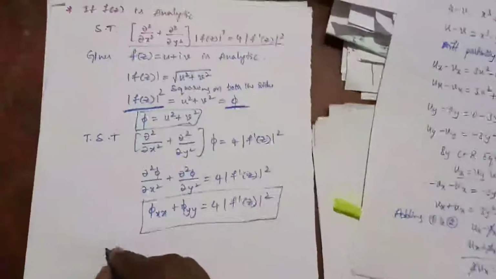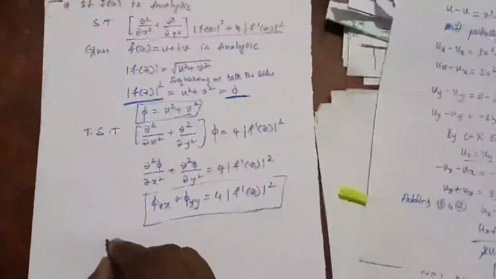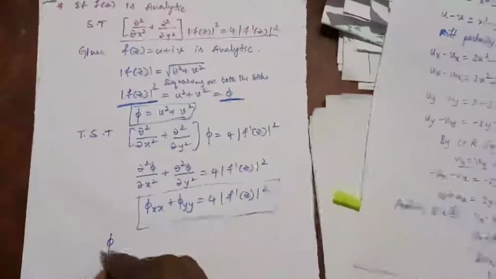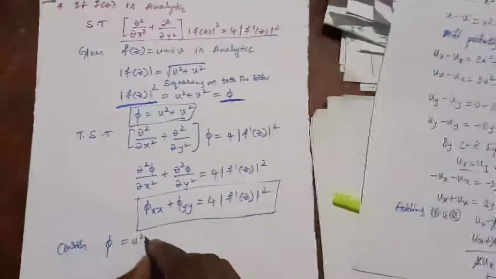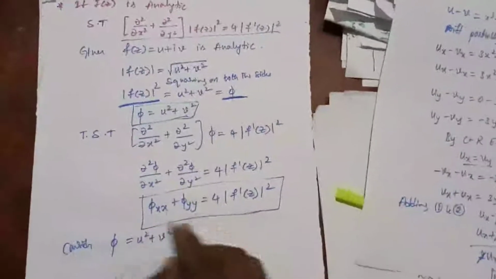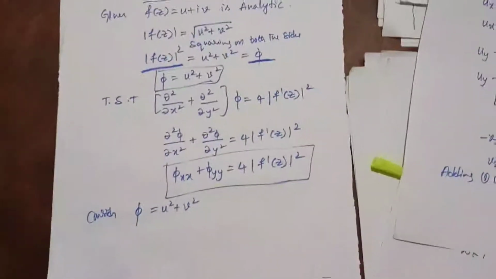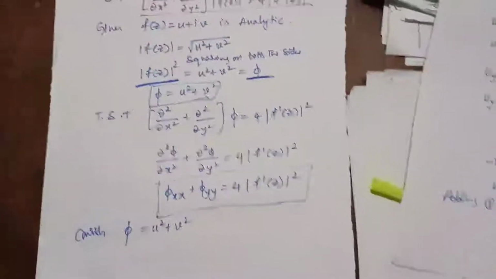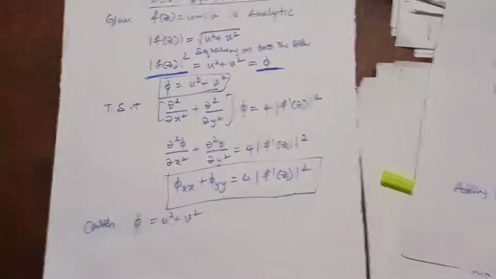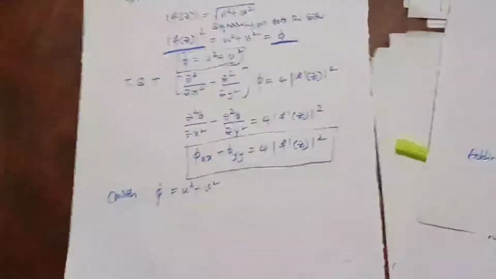Consider phi equal to u square plus v square. If we find the second order partial derivatives with respect to both x and y, then add these two, we will get 4 times modulus of f dash of z whole square.